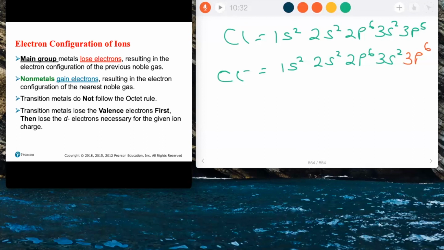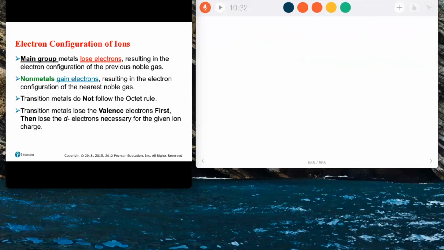I want you to look at the transition metals right here, the d block elements. Earlier on, we had to fill in the 4s before the 3d. Let me write the electron configuration for iron, for example. Iron is number 26.